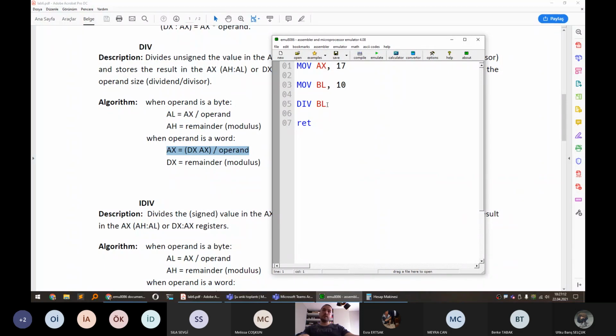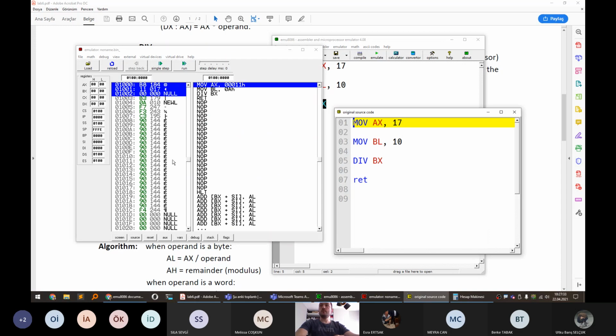So, if the operand is word, what is going to happen? It's going to take the DX-AX combination and divide that combination by BX, and the result will be in AX, the remainder will be in DX. Let's emulate this code.